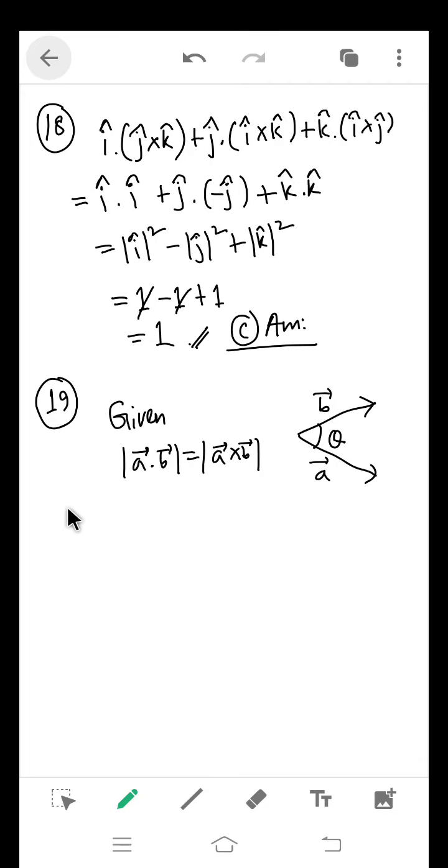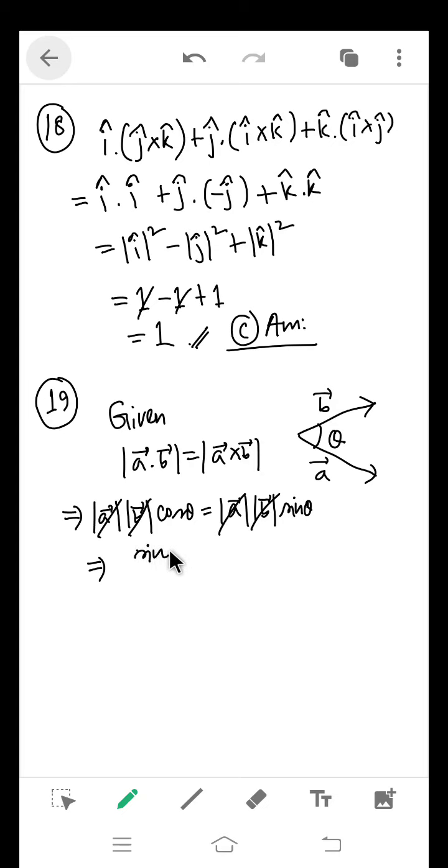तो हमको निकालना है थीटा को। इट इज़ वेरी सिंपल, जस्ट ब्रेक देम। मोड ऑफ ए डॉट बी मतलब होगा mod of a mod of b into cos theta, and this is mod of a cross b मतलब mod of a mod of b, then sin theta आएगा क्योंकि ये ऑलरेडी कैंसिल हो गया, then cos theta by sin theta, so you can cancel them now, so you'll get sin by cos। If you take cos theta into the right hand side and write in left hand side, you'll get this, so that is tan theta equal to 1, so theta must be what?